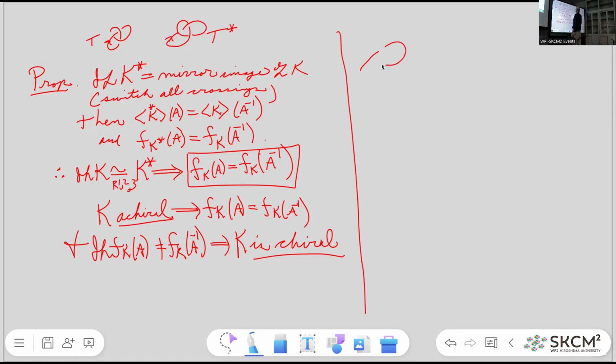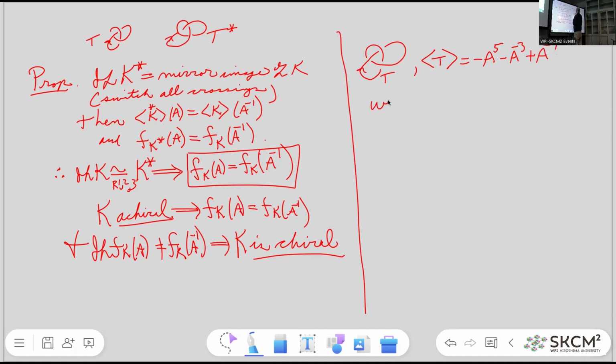Here's the trefoil knot. And we have that the bracket of the trefoil knot, according to our previous board, was minus A to the 5th minus A to the minus 3 plus A to the minus 7. Right?